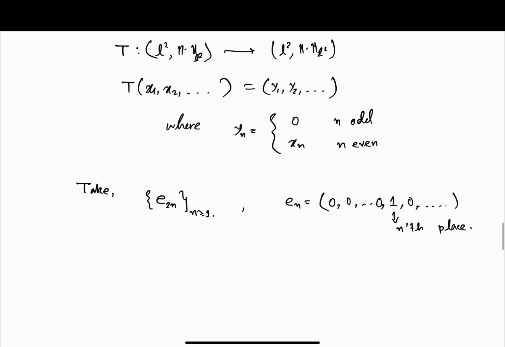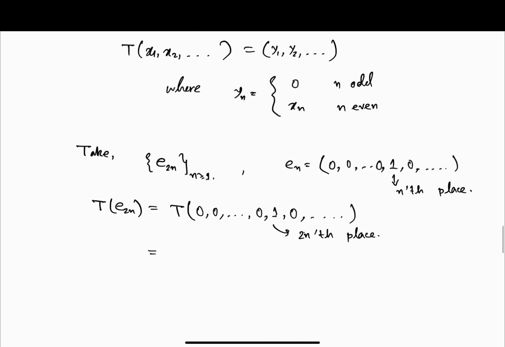Then what will be T of E2n? In all odd places it maps to 0, and since 2n is even, it maps to 1 because it is xn, and the other even places are 0.